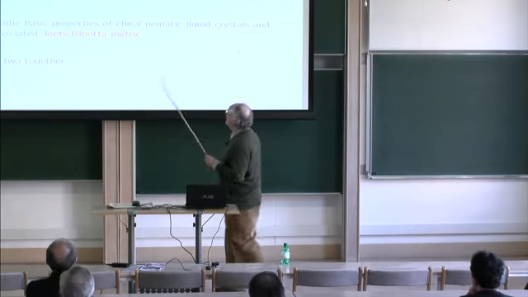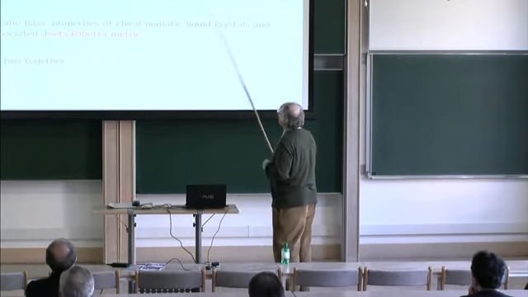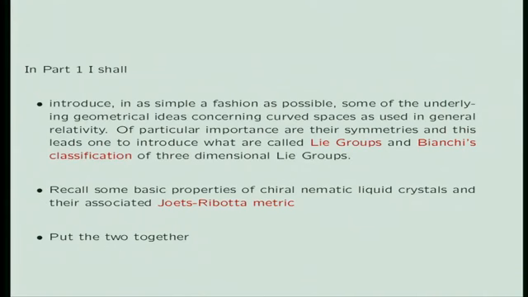So what I'm going to do in part one is introduce in as simple a fashion as possible these underlying geometrical ideas. Key will be the idea of symmetries, and this will lead me to tangle a little bit with Lie groups and Bianchi's classification of three-dimensional Lie groups.